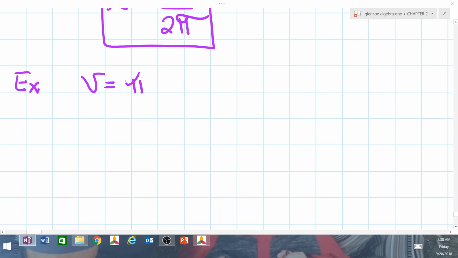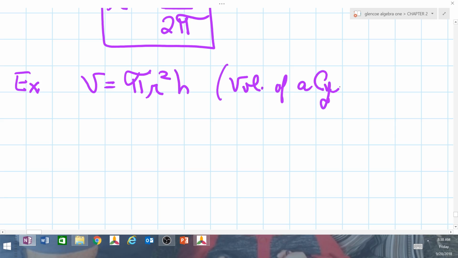Volume equals pi r squared h, which is the formula for the volume of a cylinder, I believe. R is the radius, H is the height.